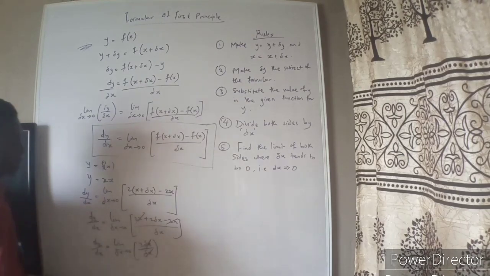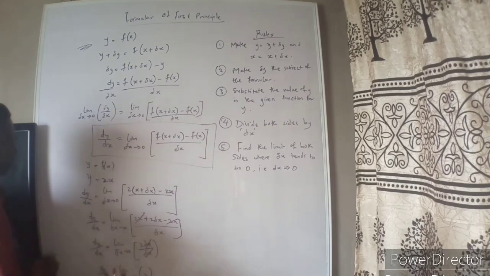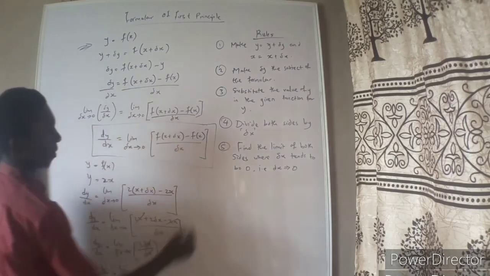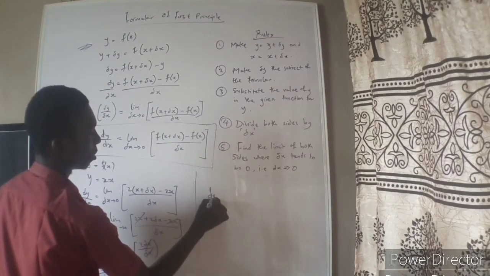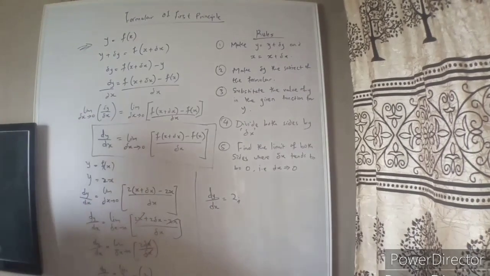So delta x cancels delta x. So my dy dx becomes limit delta x to 0 of 2, and in this case there is no delta x. So therefore, our dy dx still remains 2. As simple as that.